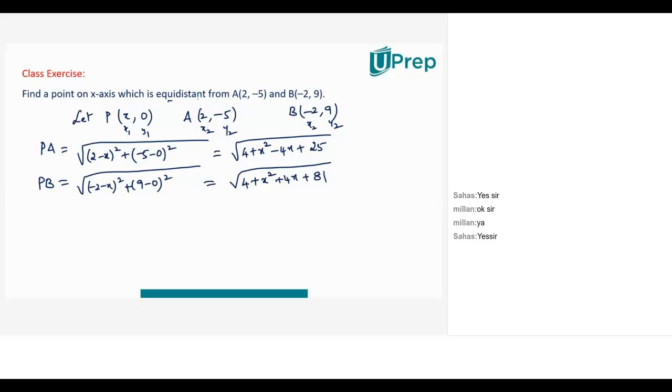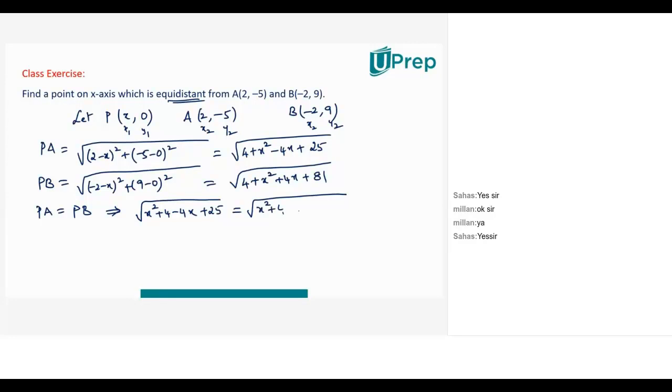So this is playing the role x2, y2 now. So what is distance from P to B point now? This is another square root of minus 2 minus x whole square plus 9 minus 0 whole square. What happens if I simplify this? I get 4 plus x square plus 4x plus 81.